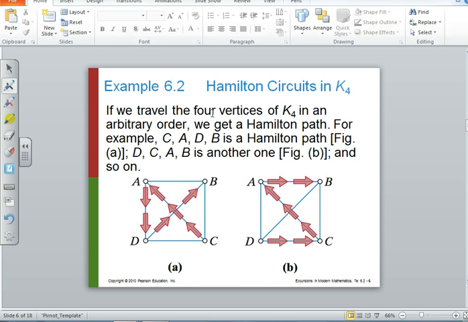If we travel the vertices of a K graph in an arbitrary order, we get a Hamilton path. So I just follow them in some random order, and I get a Hamilton path.